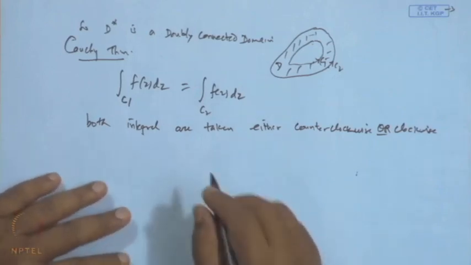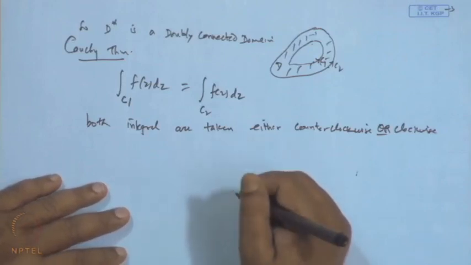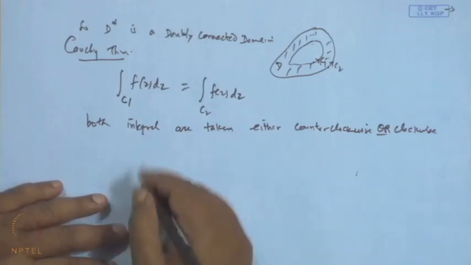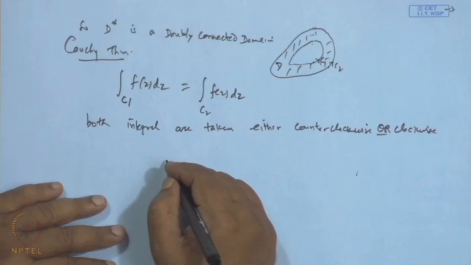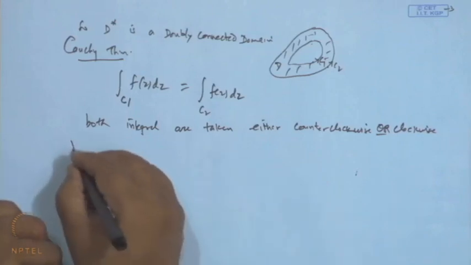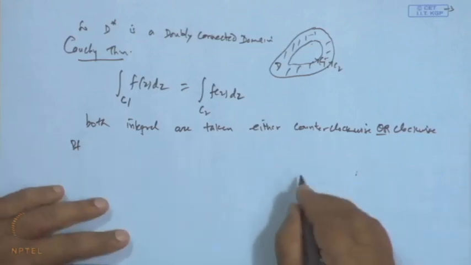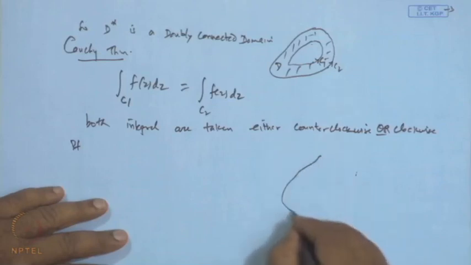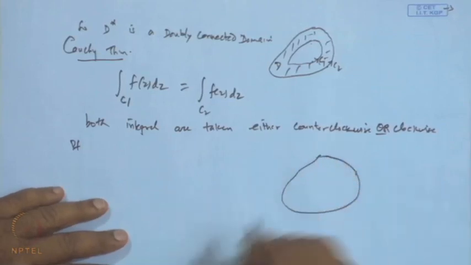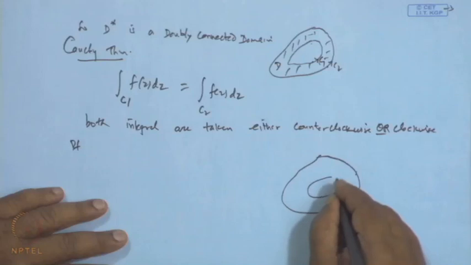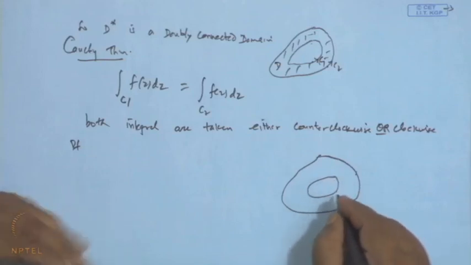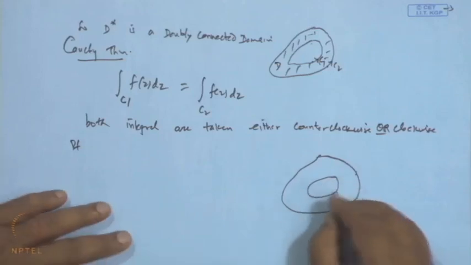So, let us see C1 and C2. Okay. The proof is simple. Suppose we have a multiple connected domain which has these two boundaries, say C1 and C2.